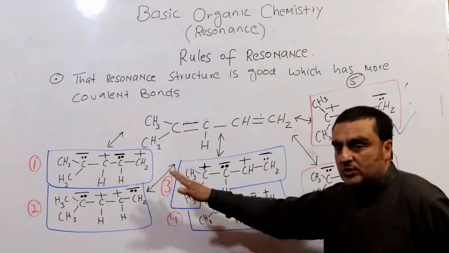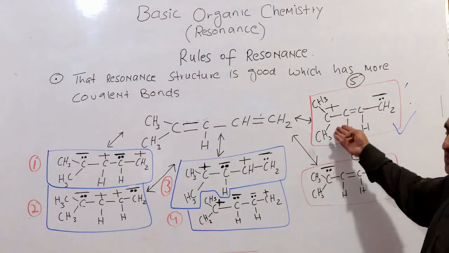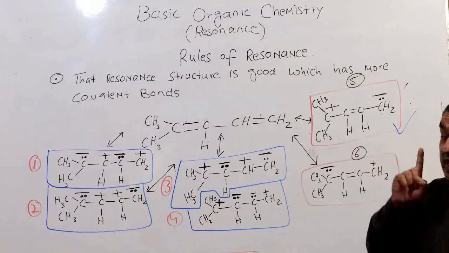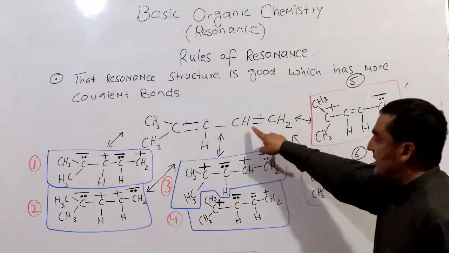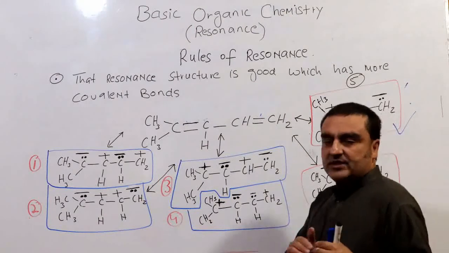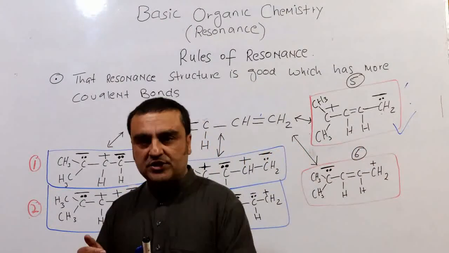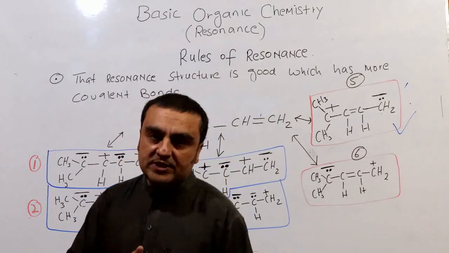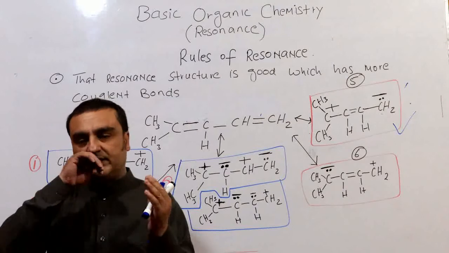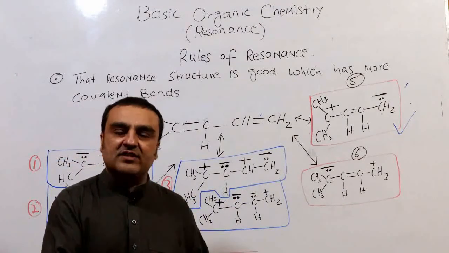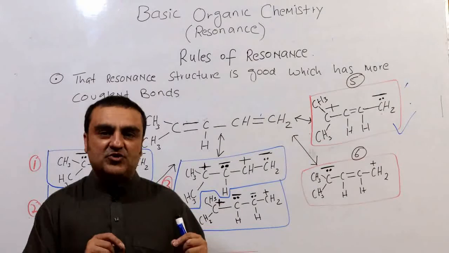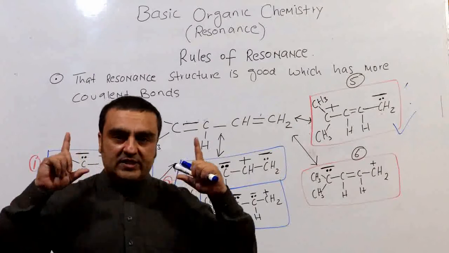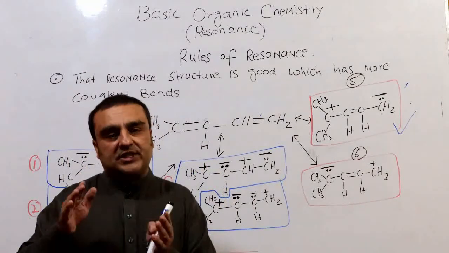So the actual structure lies between this and this, and we will discuss what the actual structure is, but before that we need to finish the rules. When we complete the rules, then we will come to what a good structure means and what a bad structure means. That will lead us to the reactivity of the molecule, and we will understand what the actual structure is. So we will be studying the other rules.